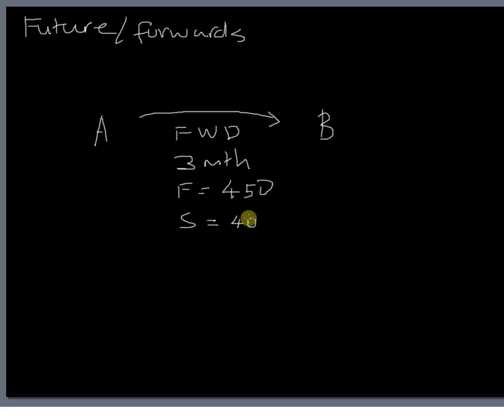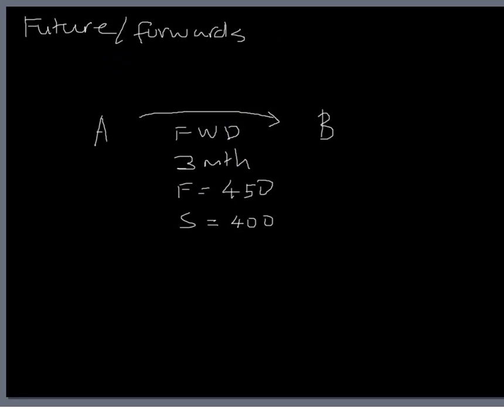So this is essentially what a forward is, and it has a few characteristics whereby the whole transaction will take place in the future. Nothing is going to be exchanged now, and I'll show you the formula between the forward and the spot price later. And okay, let's move on to what is a future.